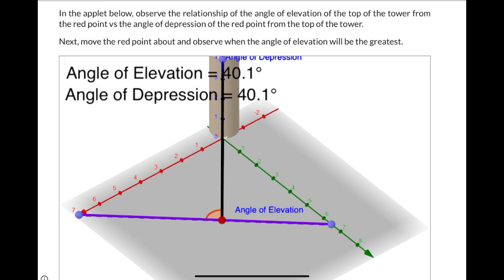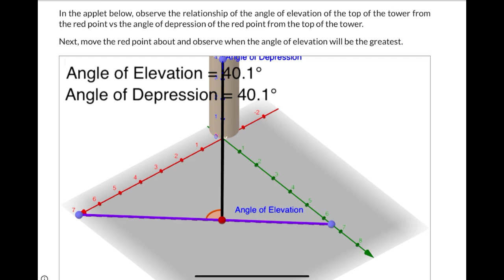So at this point, which gives us the greatest angle of elevation and depression, it is actually the point that is 90 degrees from the tower. So this point here is the shortest distance from the base of the tower to the purple path. This is an important observation that all of us must have.